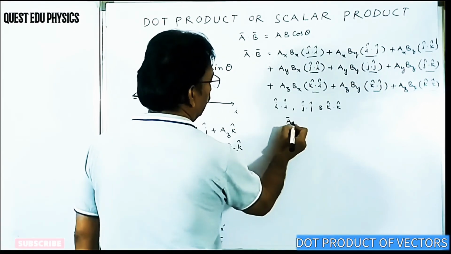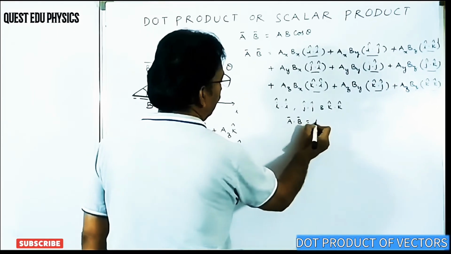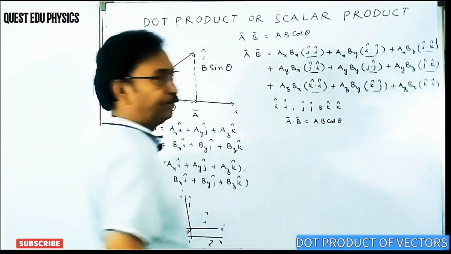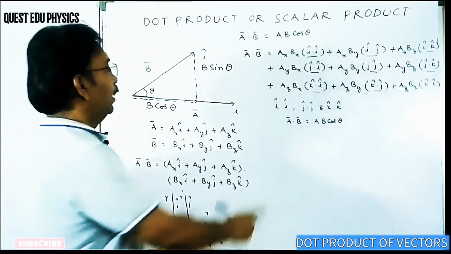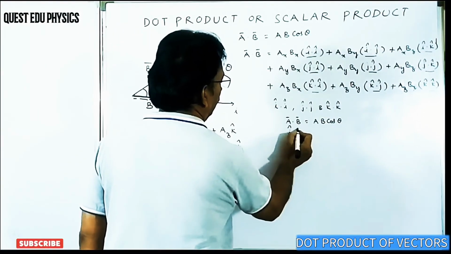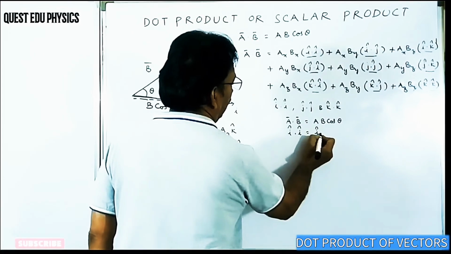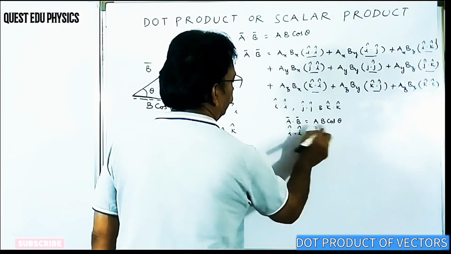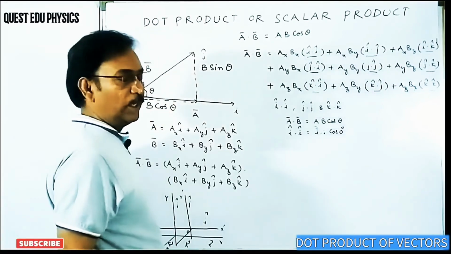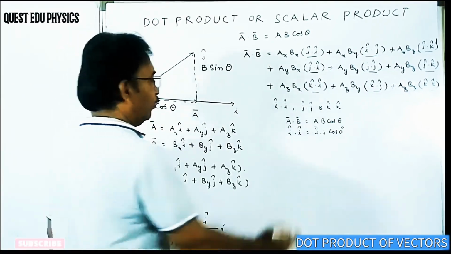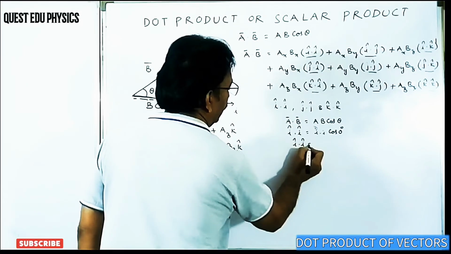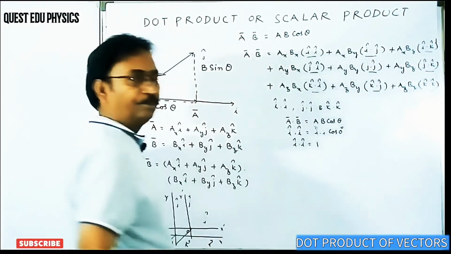We know that a bar dot b bar is equal to ab cos theta. For i cap dot i cap, it is 1 into 1 into cos theta, and theta is equal to 0. As you know, cos 0 is equal to 1, so i cap dot i cap is equal to 1.